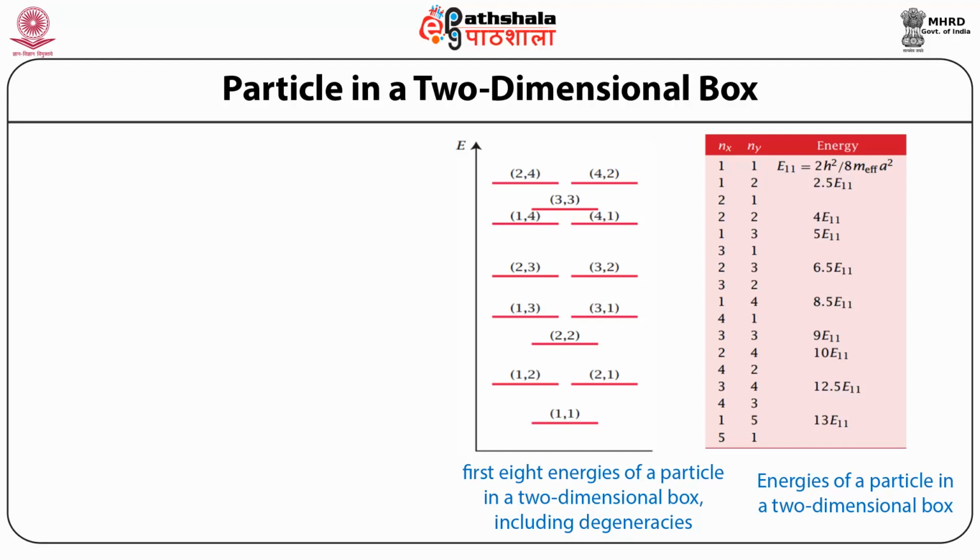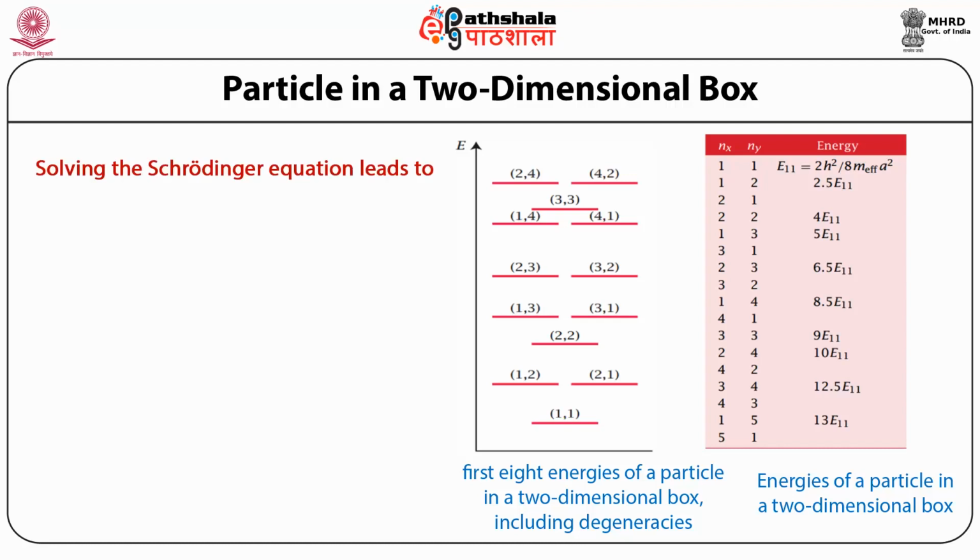Let us now consider a particle in a two-dimensional box. Assume that a particle is confined to a square box with dimension a within the xy plane. The potential is 0 inside the box and infinite outside.